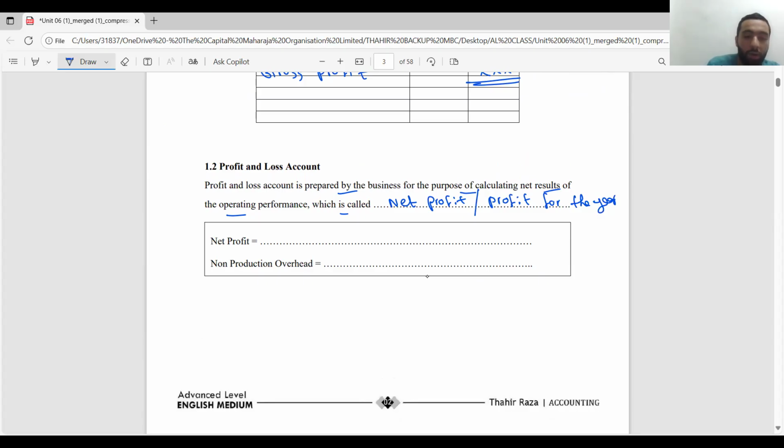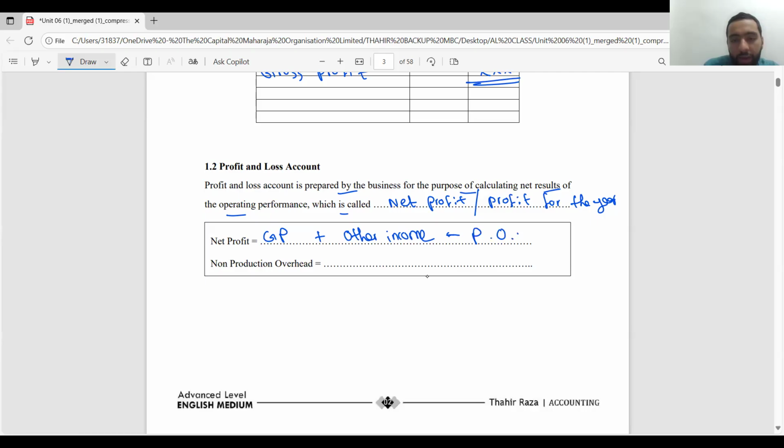How to calculate net profit? Gross profit plus other income, for example rent income, interest income, those things. And then you reduce what?